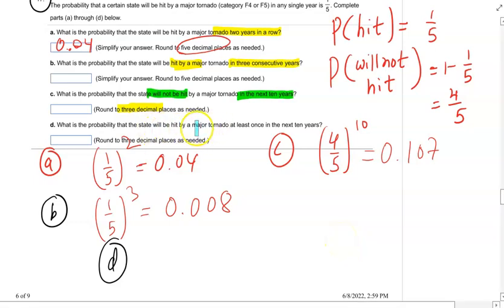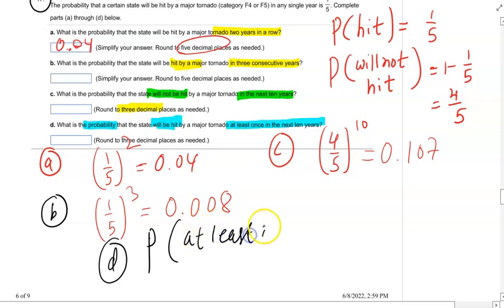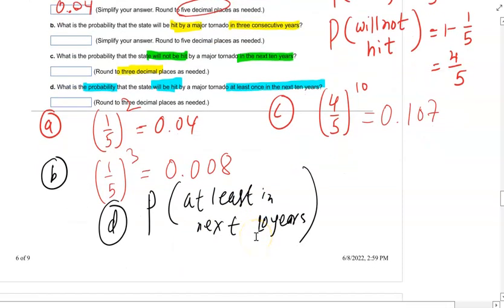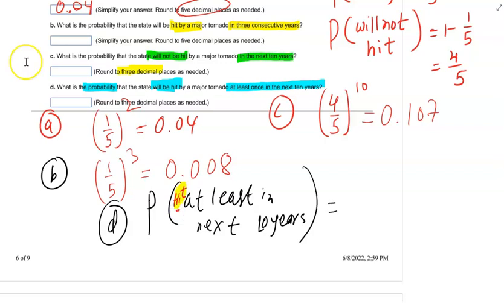Finally, part D says find the probability that the state will be hit by a major tornado at least once in the next 10 years. Here we are looking for the probability of a hit at least once in the next 10 years.